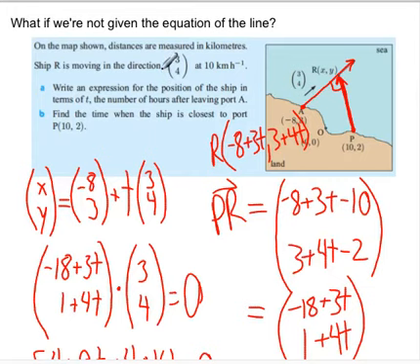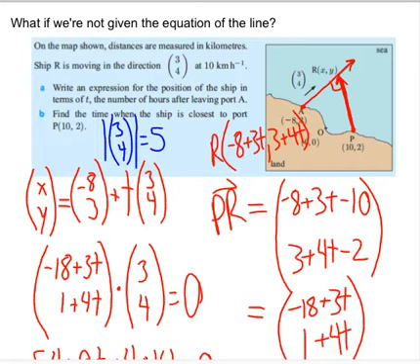So the magnitude of (3, 4) is 5, which means this is only going half as fast as the boat actually was going, which means our time is double. If we were only going half as fast, it would take twice as long, right? So we need to cut our time in half.